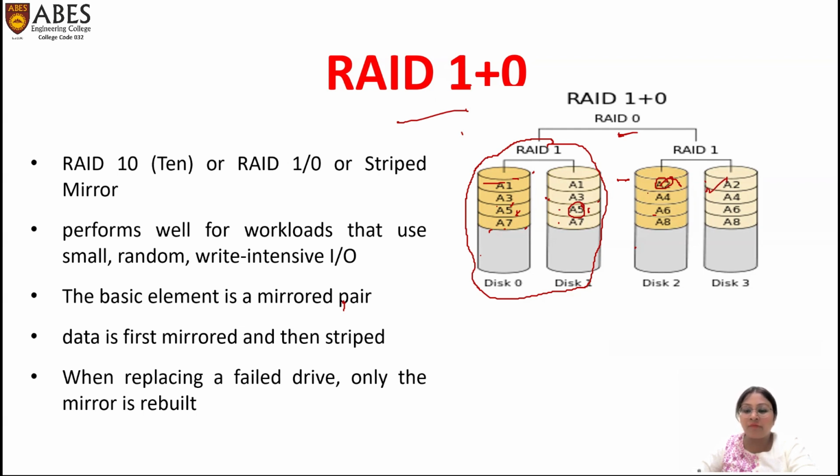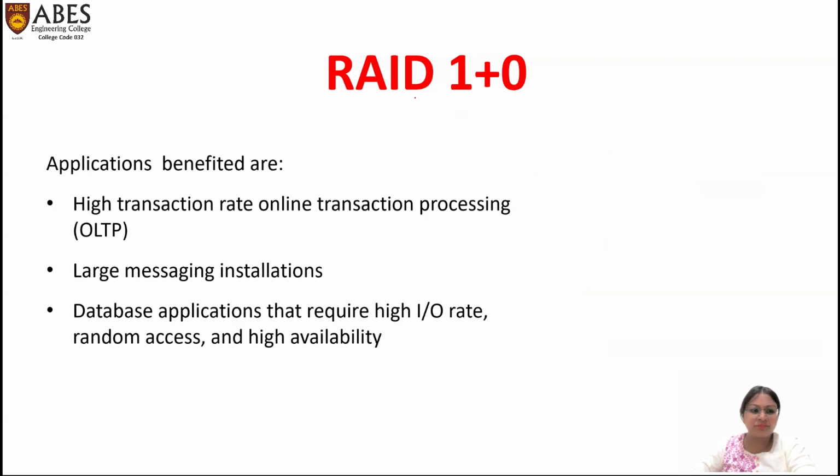So recovery of the data is going to occur in a very efficient manner, and data is mirrored, by which data recovery or data rebuild is able to be done by using RAID 1 and 0.